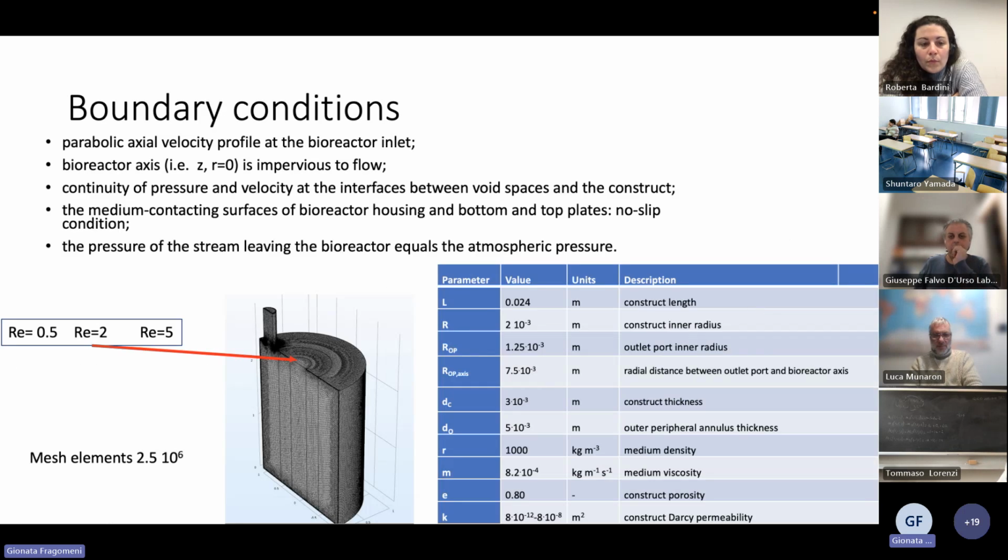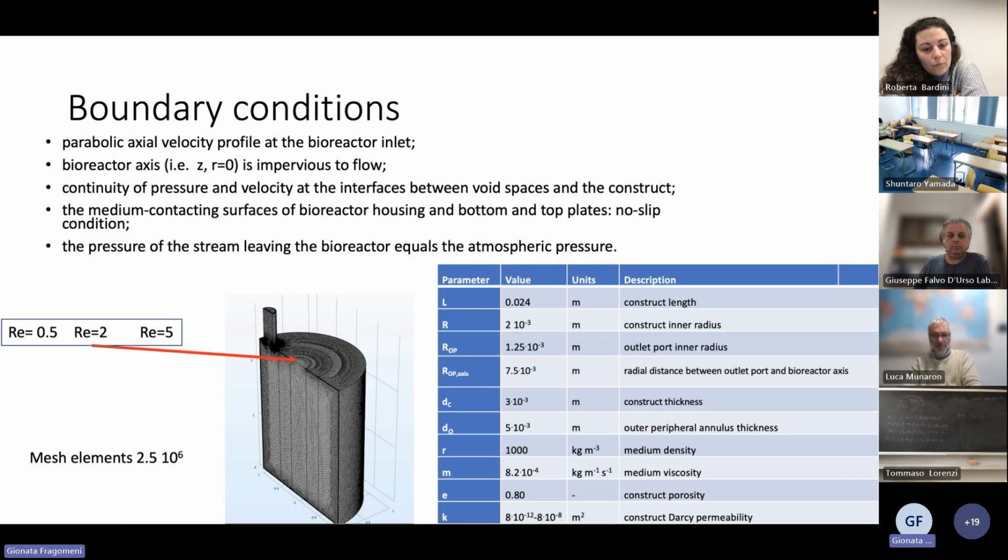We have also simulated different conditions, for example, different Reynolds numbers, or different positions of the outlet, and these are the boundary conditions.